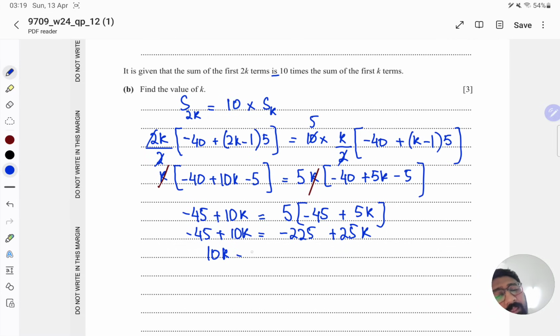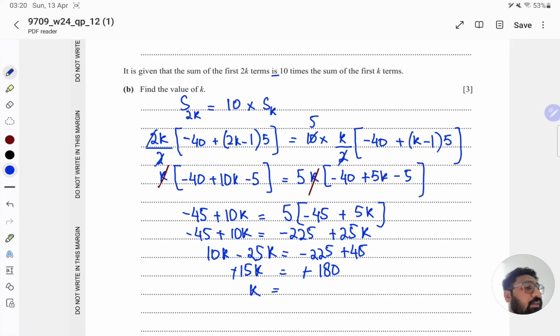So 10k minus 25k will be equal to minus 225 plus 45. So minus 225 plus 45 is minus 180, and minus 15k here. Minus and minus will cancel. So 180 divided by 15 is 12. So this is the value of k.